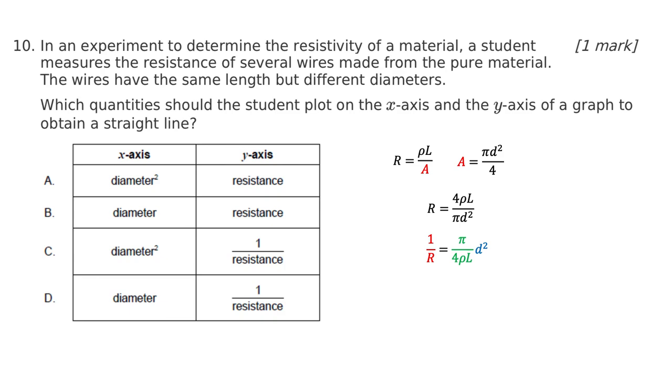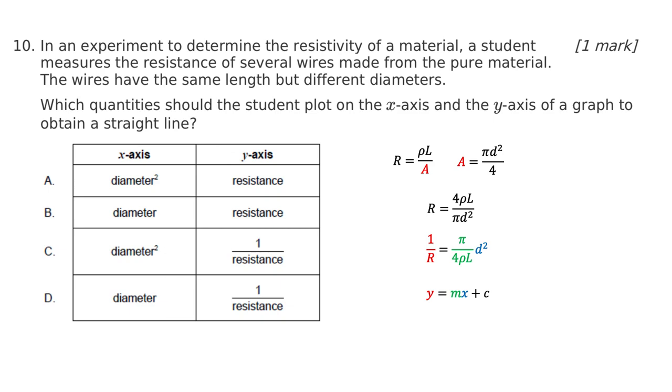I'm then just going to do this. We wanted a straight line, and we want that straight line to be of the form y equal to mx plus c. Well, you notice here, on the left-hand side, we've got a variable, 1 over R, that's my y, is equal to pi over 4 rho L, that's my m, times x, which is my d squared.